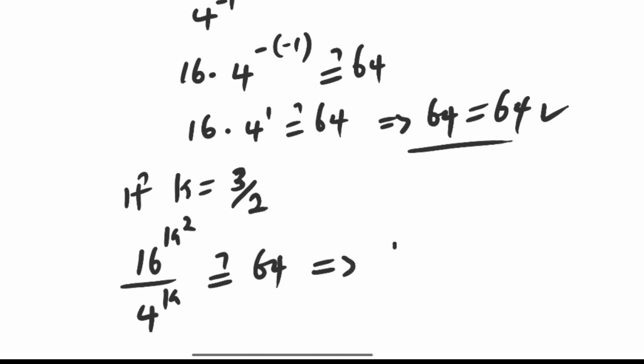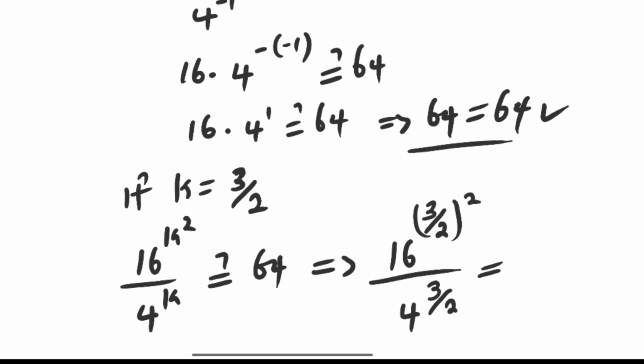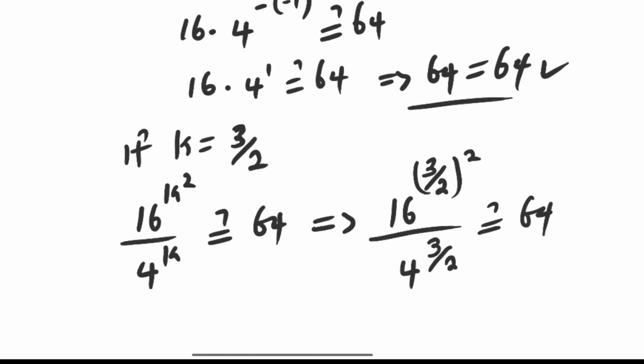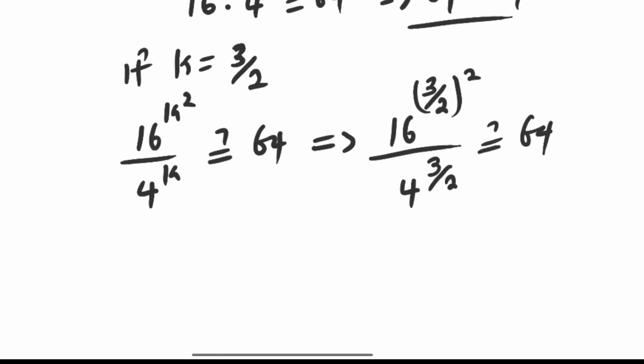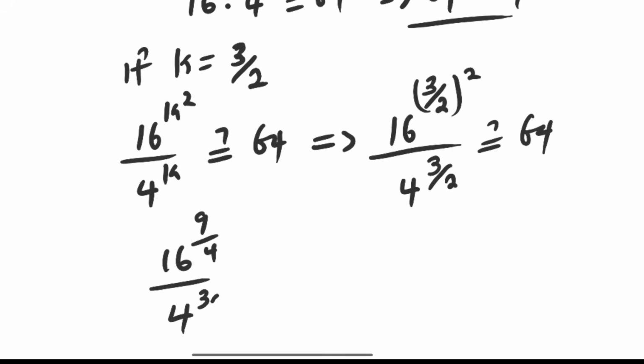This is same thing as 16 raised to power 3 over 2 square over 4 raised to power 3 over 2 must be equal to 64. And this is 16 raised to power 3 square, that is 9 over 4 square, and 2 square, that is 4 over 4 raised to power 3 over 2 must be equal to 64.